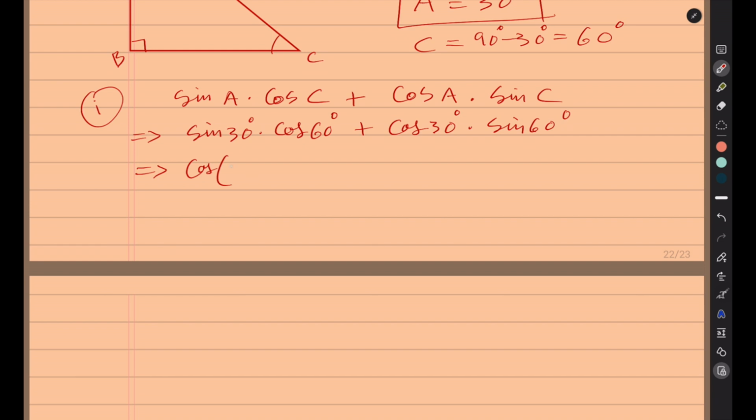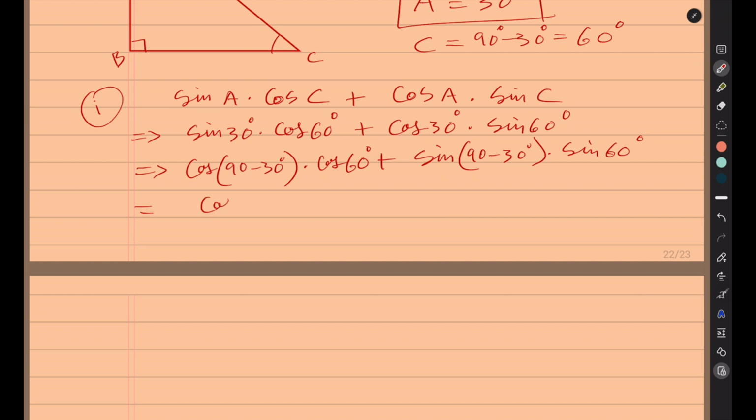We know that sine 30 is equal to cos 90 minus A, and then we will just keep the value of cos 60, and here cos 60 is equal to sine 90 minus A, and then here the second one we will just keep the value.